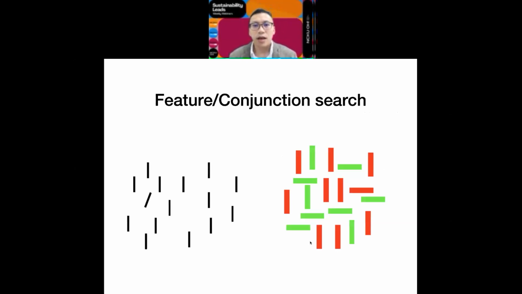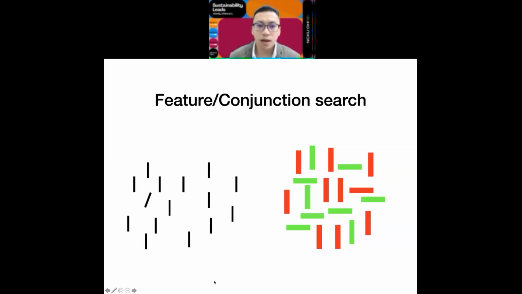On the other hand, if you are familiar with the visual search literature done by Anne Treisman, then she would suggest we can use the feature search versus conjunction search paradigm to test the seriality between different features.